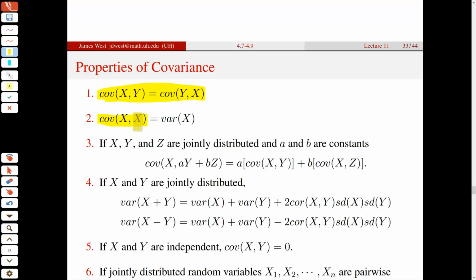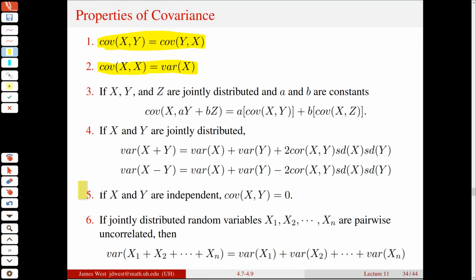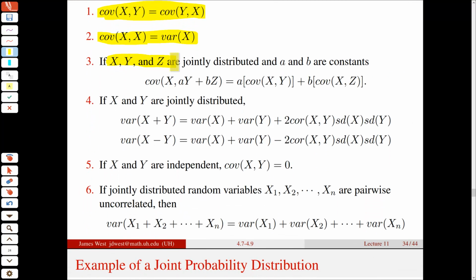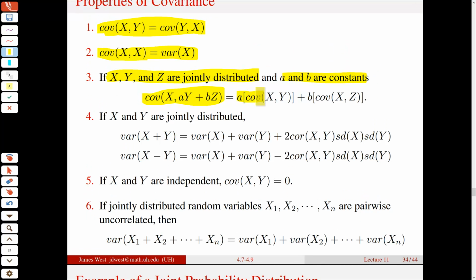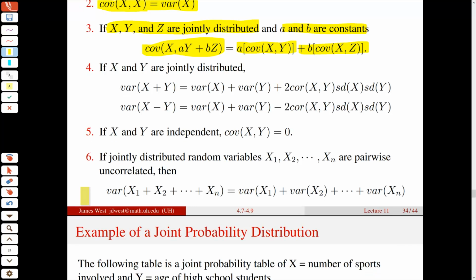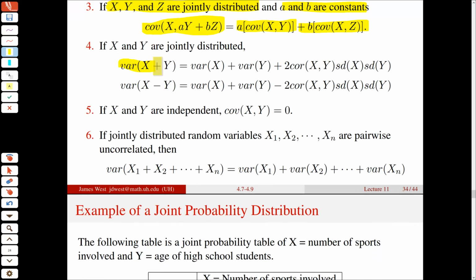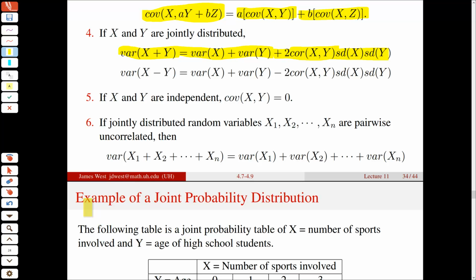The covariance of X and X is simply the variance of X. If X, Y, and Z are jointly distributed and a and b are constants, then the covariance of X and aY plus bZ is a times the covariance of X and Y plus b times the covariance of X and Z. The variance of X plus Y is the variance of X plus the variance of Y plus 2 times the correlation of X and Y times the standard deviation of X times the standard deviation of Y. Almost similarly for minus, except the last term is subtracted.